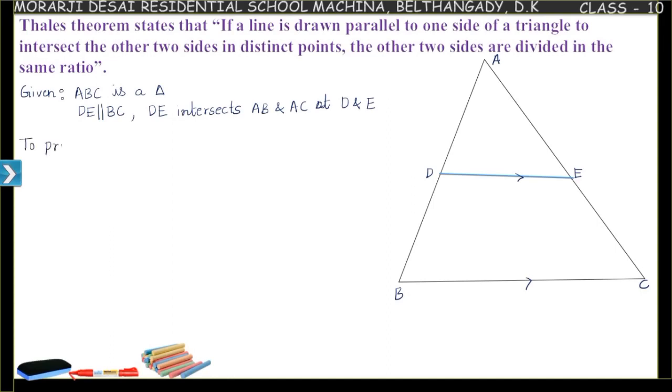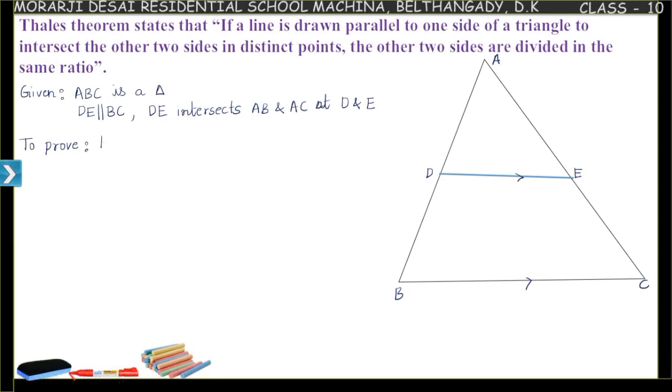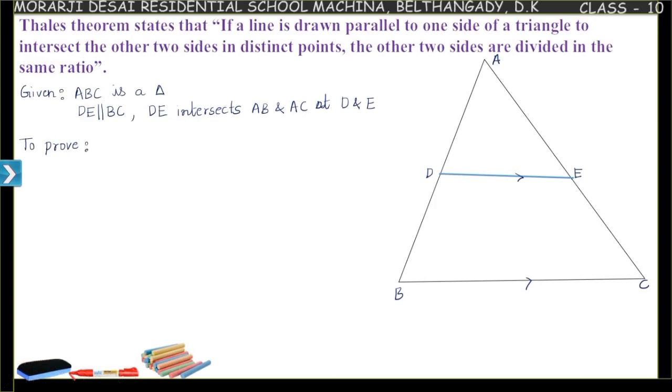To prove: the other two sides are divided in the same ratio. Now which are the parts of the other two sides? AD and DB are the parts of side AB, then AE and EC are the parts of side AC.